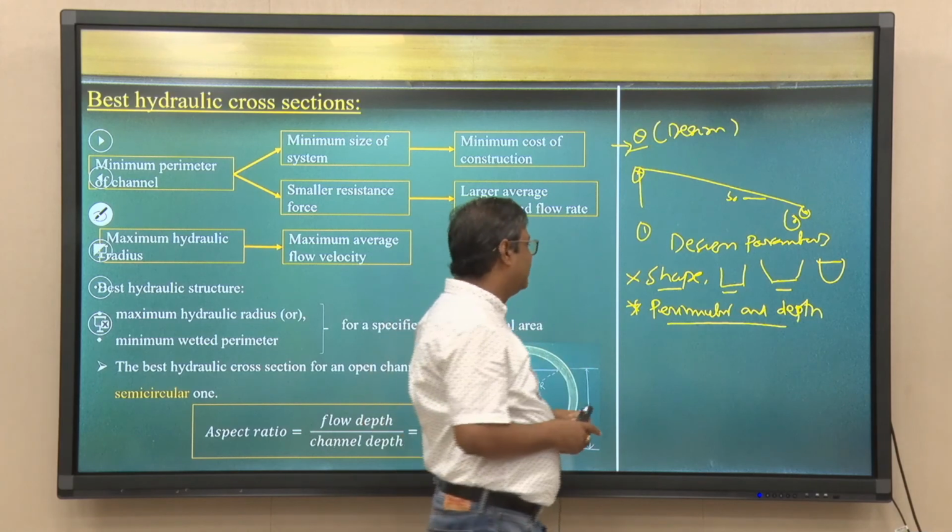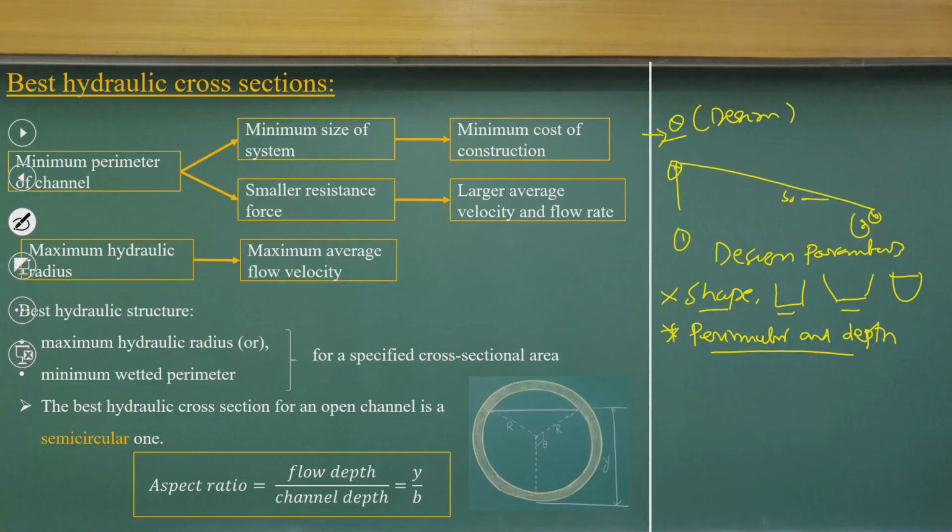If you look at that, basically we talk about the construction cost, which is directly proportional to the perimeter. That is what happens, the cost is directly proportional to the perimeter.